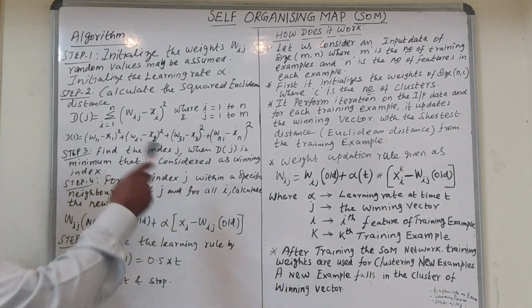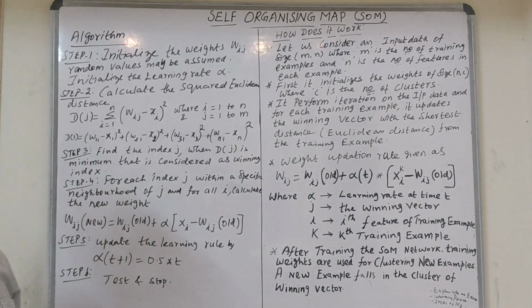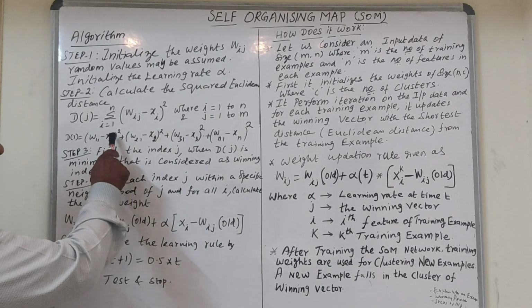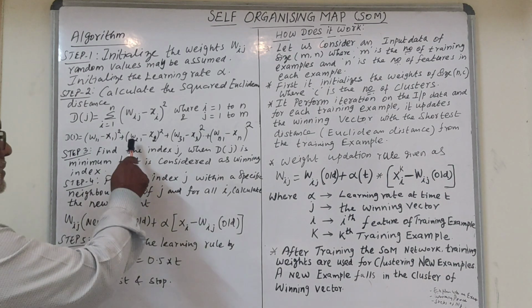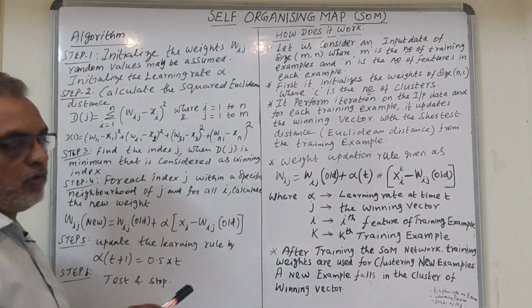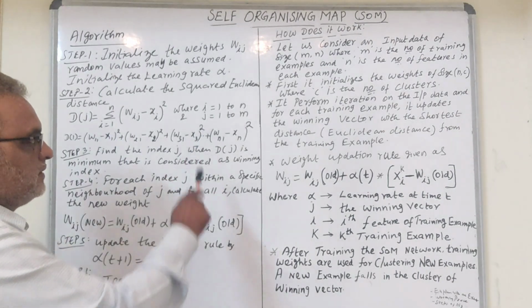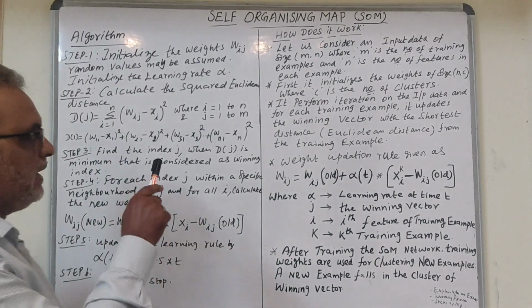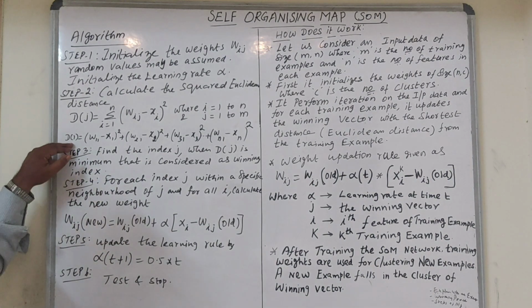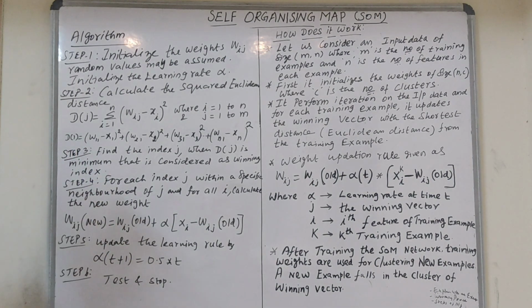For example, for d of j equal to 1, d of 1 is equal to (w11 minus x1) whole square plus (w21 minus x2) whole square plus (w31 minus x3) whole square, and so on up to (wn1 minus xn) whole square. This will be continued for m number of times.